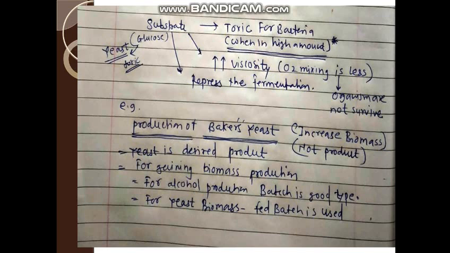In such cases we use the fed batch fermentation process. Our desired product is yeast, so for gaining the biomass production we use fed batch fermentation process. But for alcohol fermentation we use batch fermentation. It is a good type of fermentation for alcohol production, and for yeast biomass production we use fed batch fermentation process.